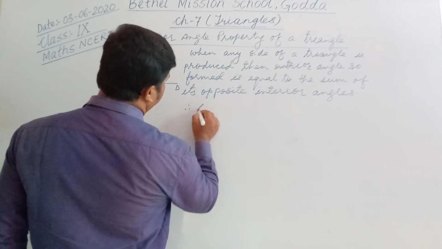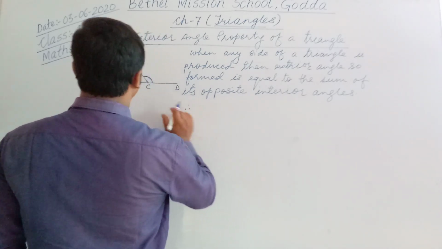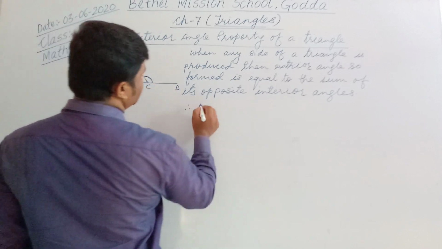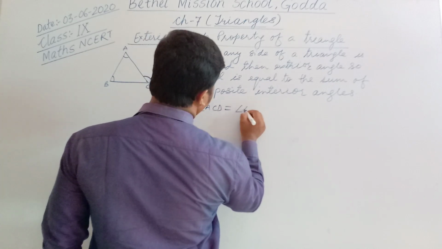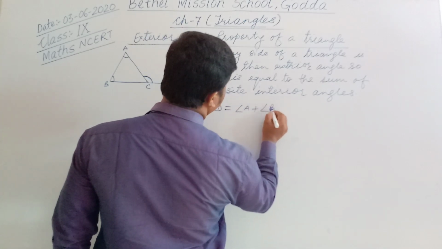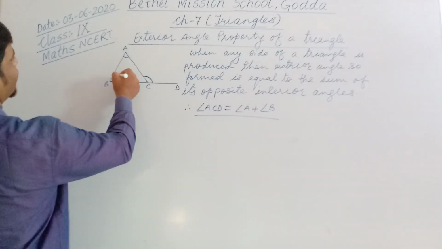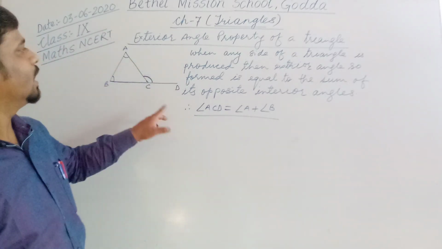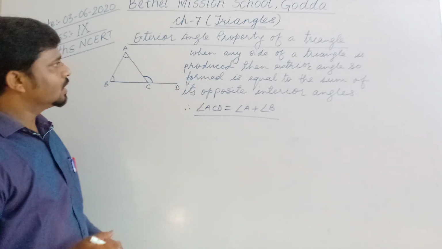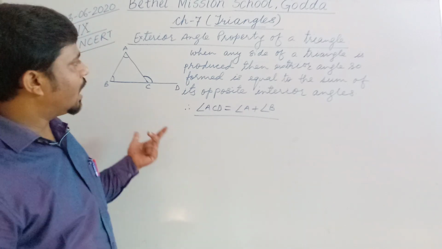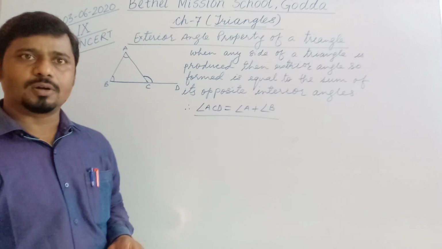Therefore, in triangle ABC, BC is produced, so angle ACD will be equal to angle A plus angle B. This property is called the exterior angle property of a triangle. Okay, you understood? And now after that we will see some examples related to these properties in the chapter. Okay, thank you.